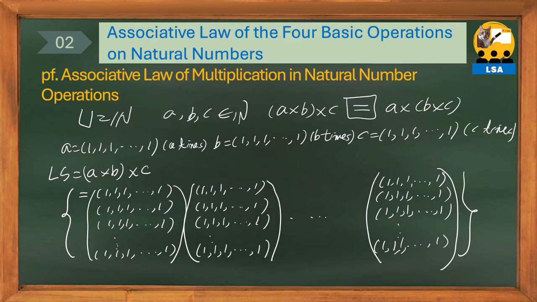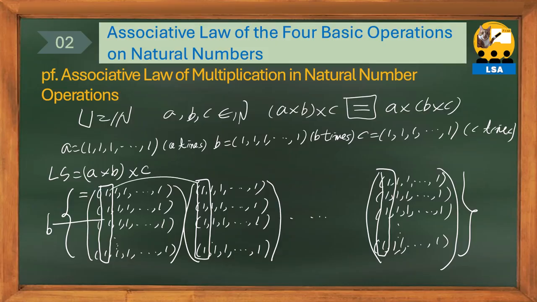Here we will adjust the adding method. First, we create a group that adds components in the same position from each chunk. Then the number of ones in one group becomes b. And if we gather all the numbers of the first component group from each chunk, it becomes c.